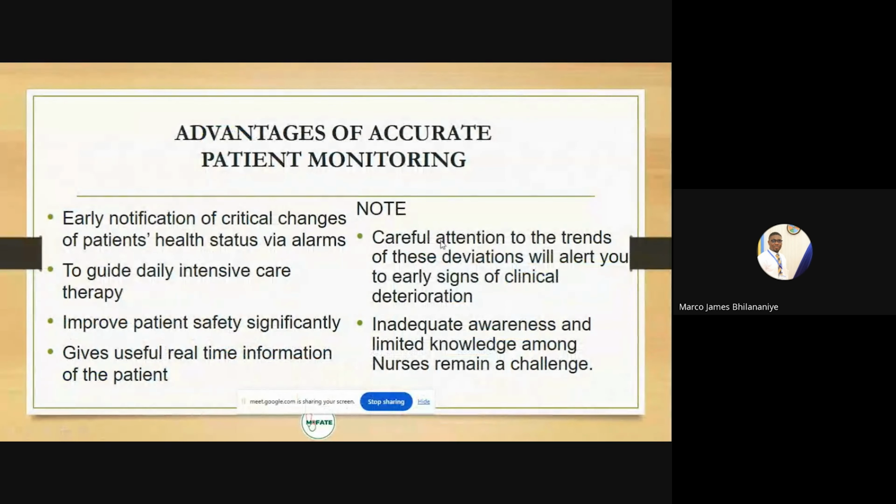And when you ask what happened, sometimes you find no report, no information relating to the patient's trends of vital signs. So inadequate awareness and limited knowledge among nurses remain the challenge. If we are keen on this, patient safety will be protected well. That's the introductory part of this session today.